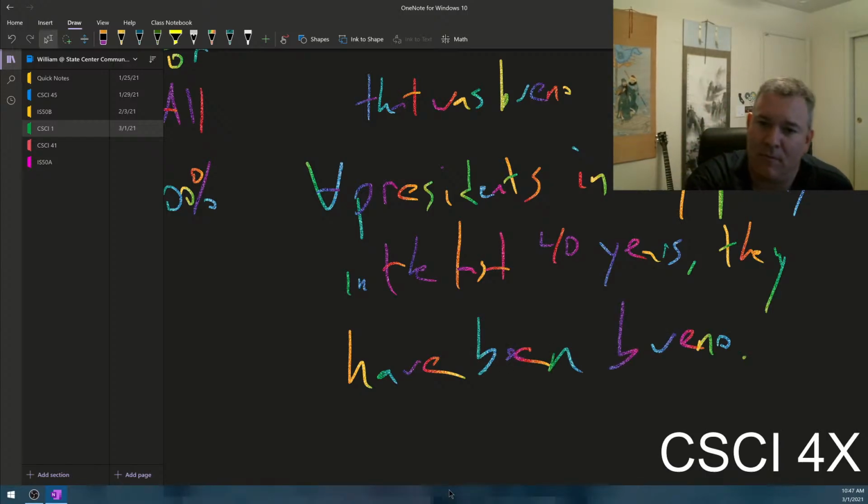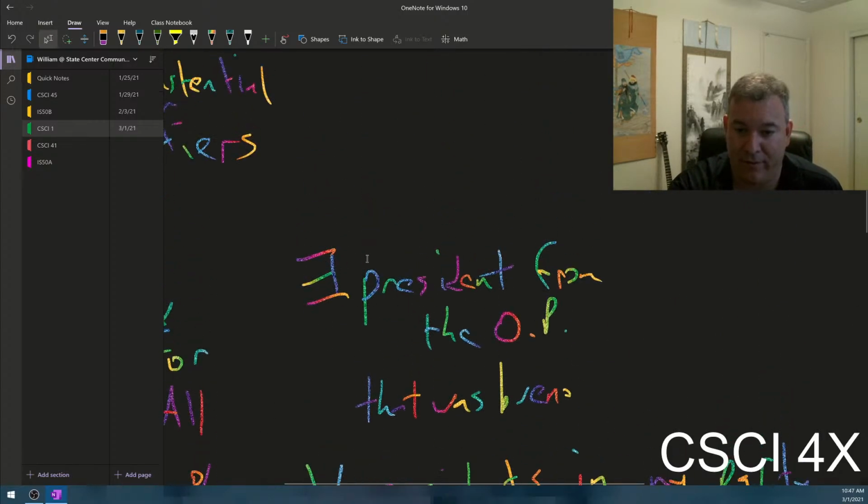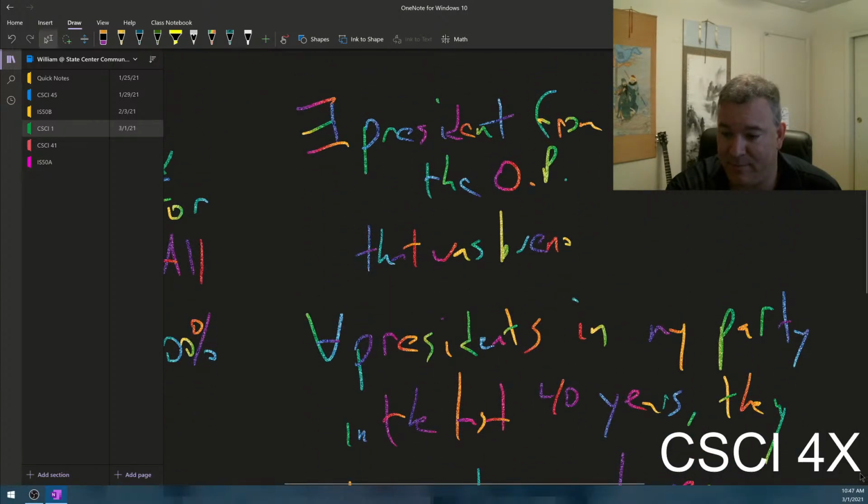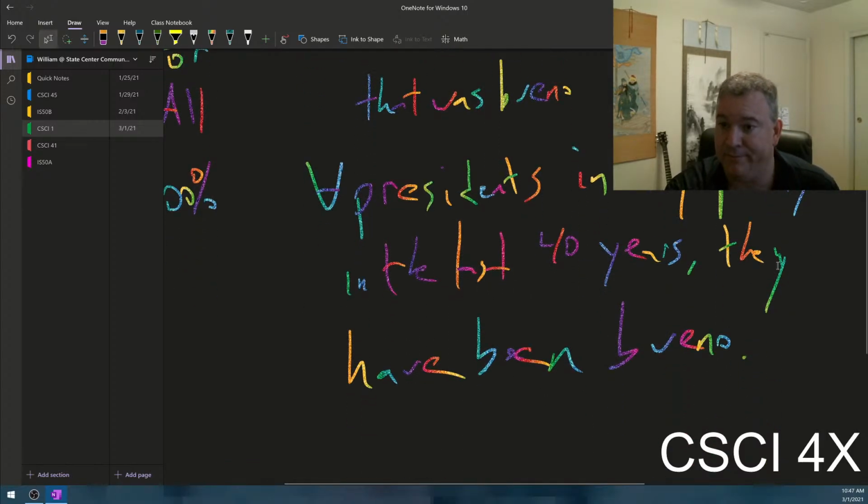Okay, so that is a strong statement, right? So this one, there exists a president from the opposing party that was good. For all presidents in my party, that's what upside down A means. It means 100%. Every single one of the presidents in my party from the past 40 years has been good. You guys understand the difference between them?